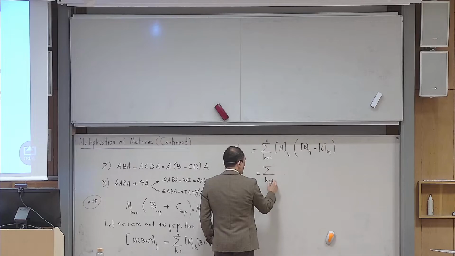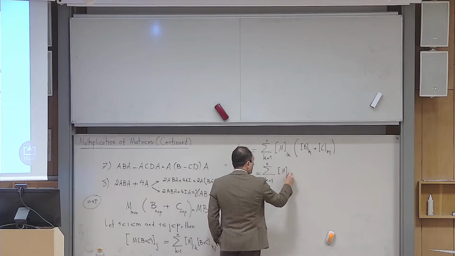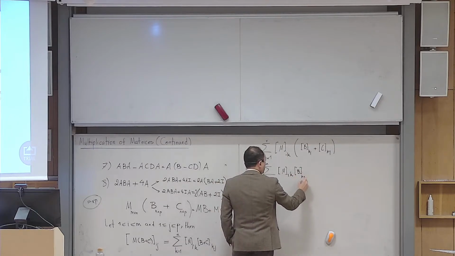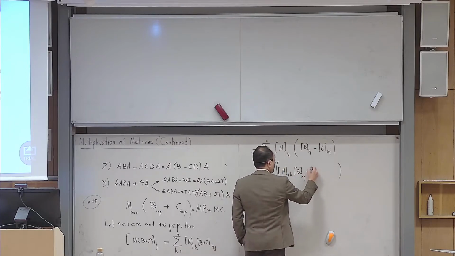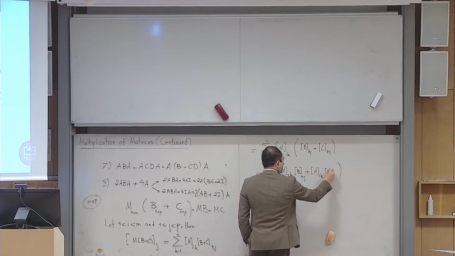So k goes from 1 to n. I distribute it here: M_ik multiplied by B_kj. Let me put the brackets here, and then plus M_ik C_kj.